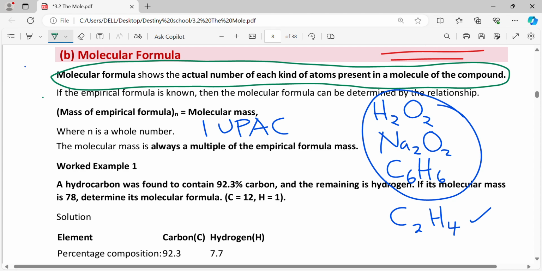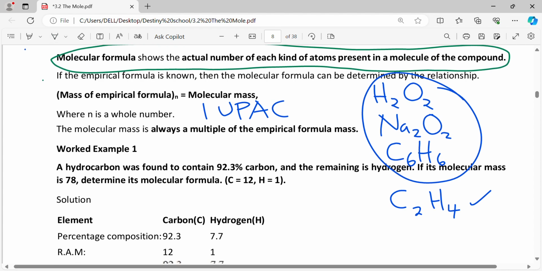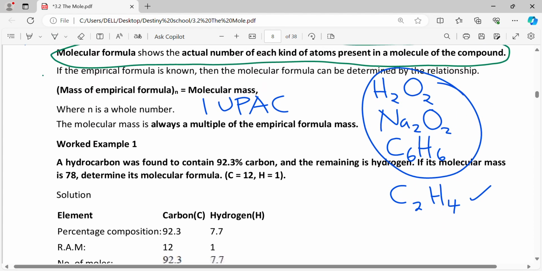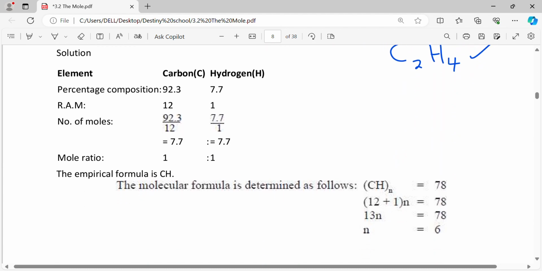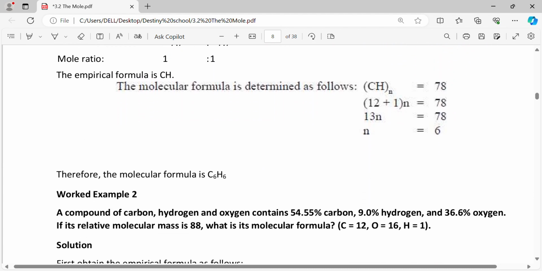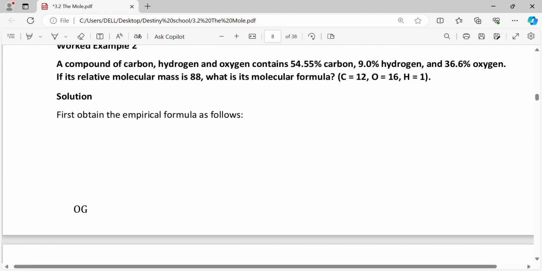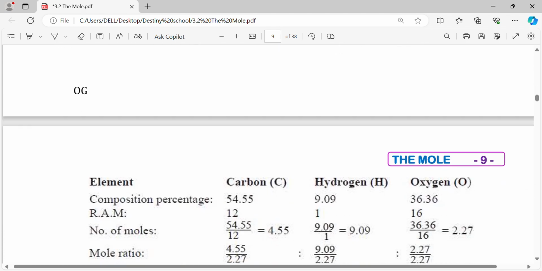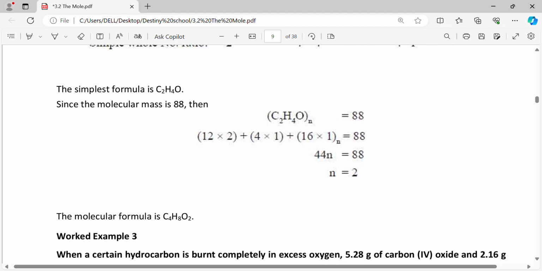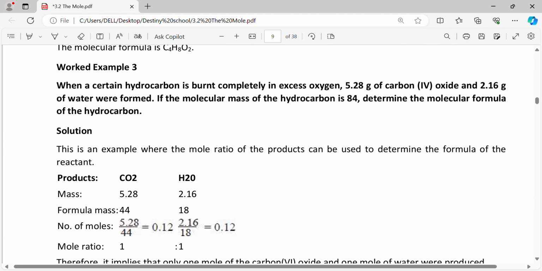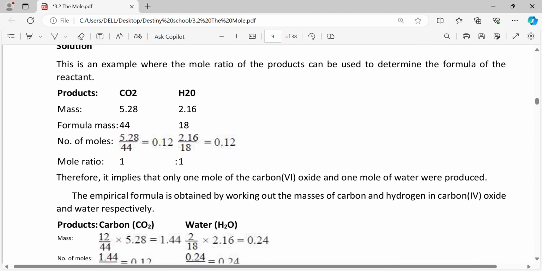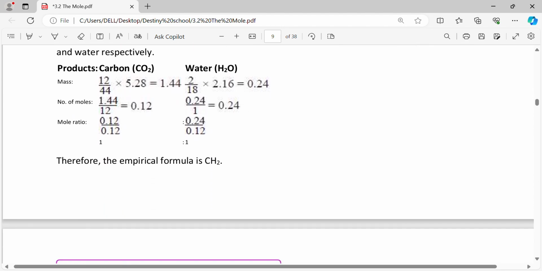So it shows the actual number of atoms in a compound. That's what molecular formula is.